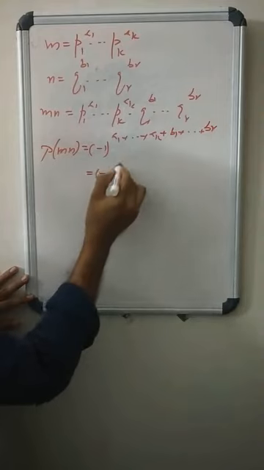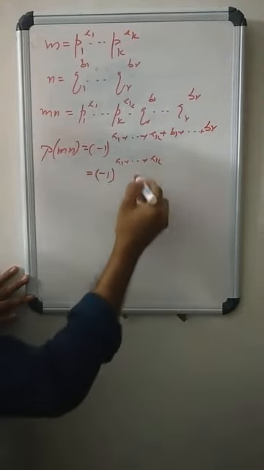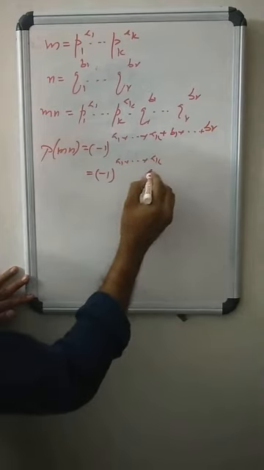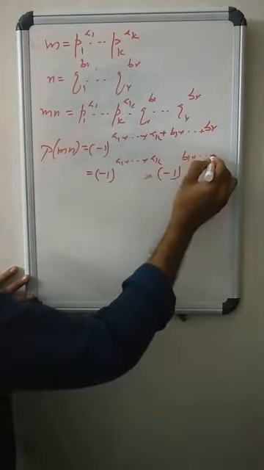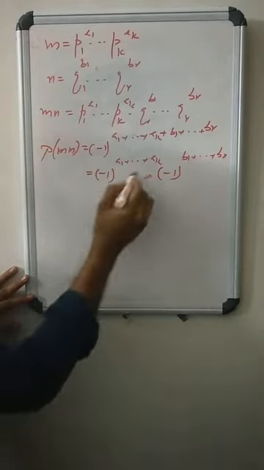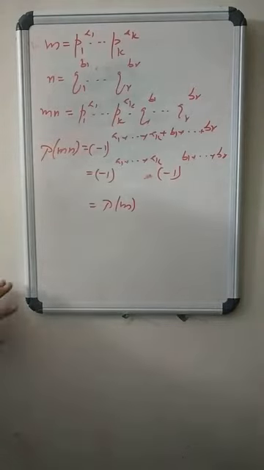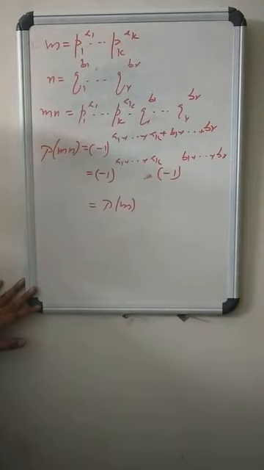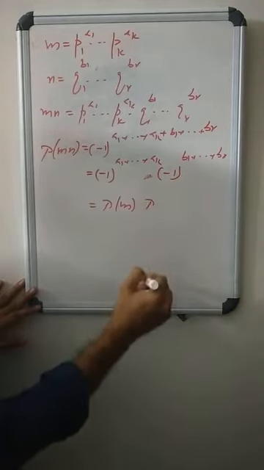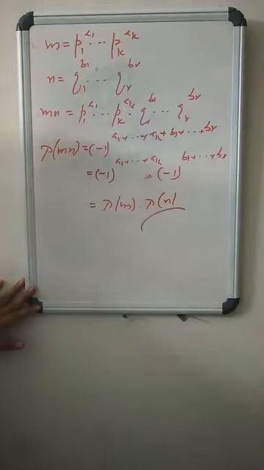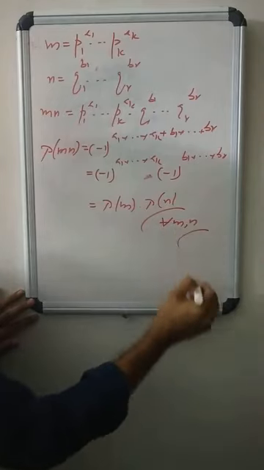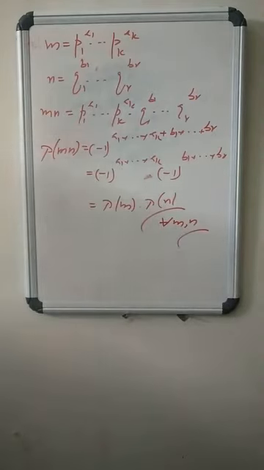That is nothing but minus 1 power a1 plus etc. plus ak, into minus 1 power b1 plus etc. plus br. What is this first factor? This is lambda of m, because m is chosen as p1 power a1, etc., pk power ak. And the second term is lambda of n. So lambda of mn equals lambda of m into lambda of n for all m and n, which means lambda is completely multiplicative. The Liouville's function lambda is completely multiplicative. Agreed?